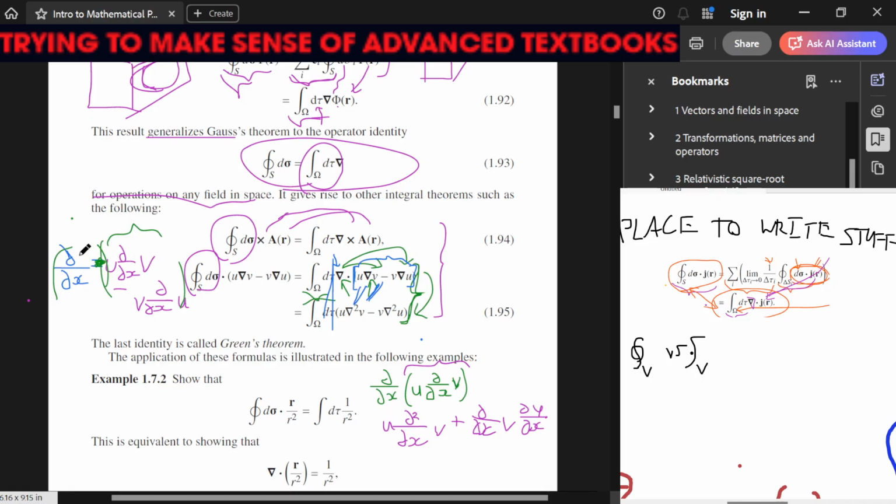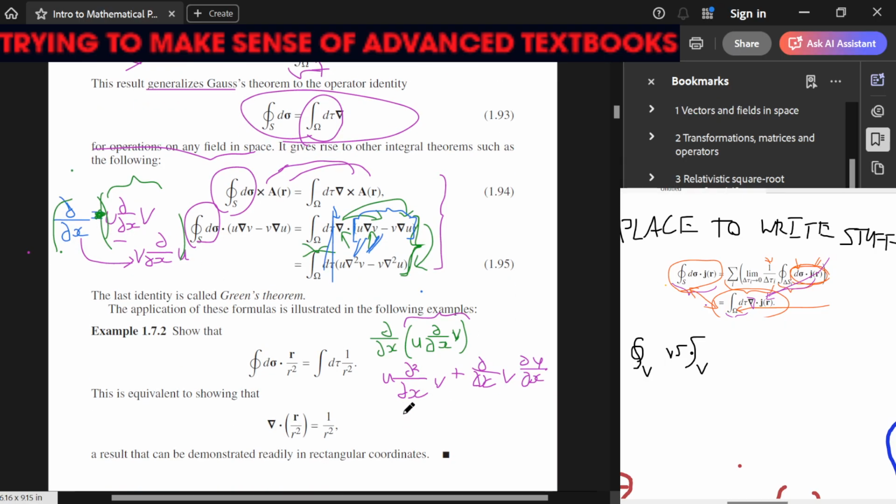Okay. And now we have to do the same thing for this, because all that is just this one term. We need to also do it to this guy. Let me go back to purple. It's technically the same bracket.